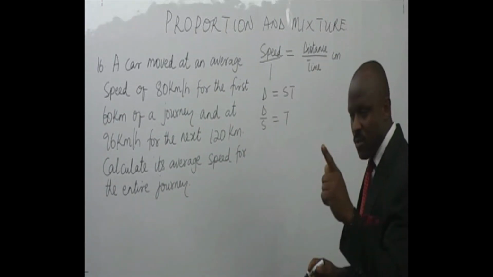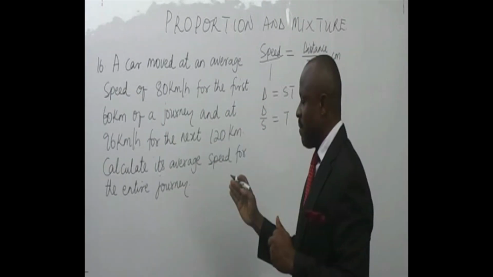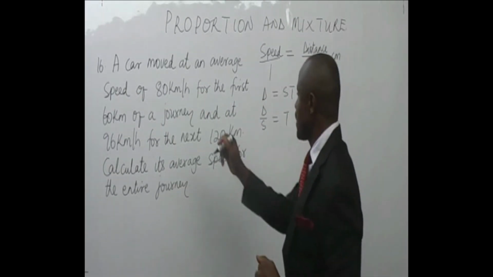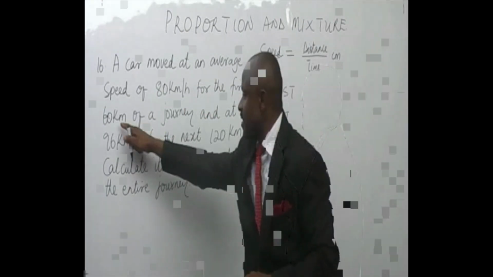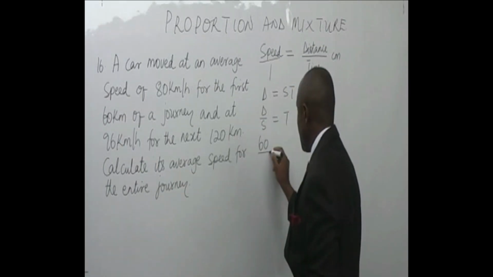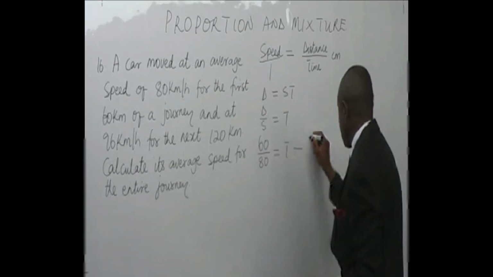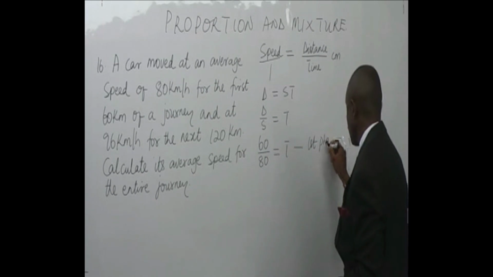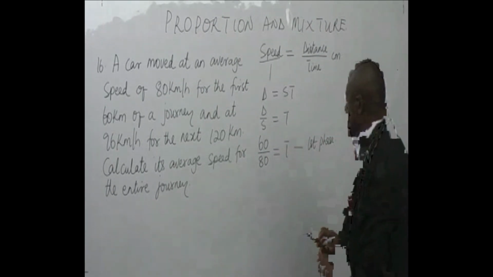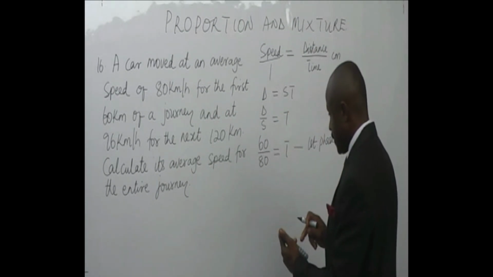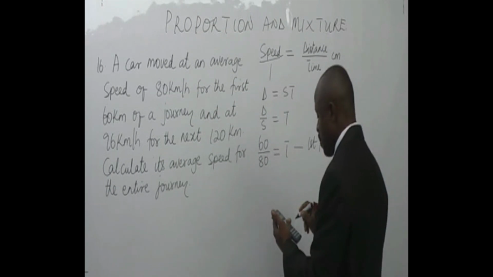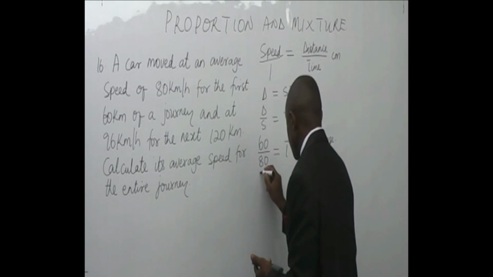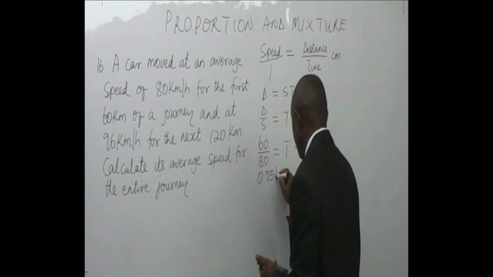Now for the first phase of the journey, time taken is distance over speed. Let's calculate the time there. 60 divided by 80, 0.75 hours.